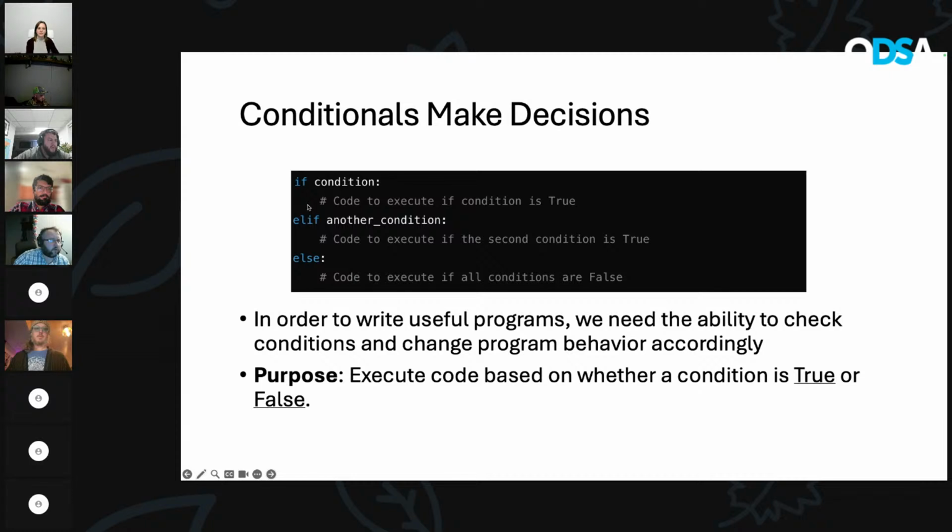So you would say if, space, and then you would provide some type of condition that at the end of the day evaluates to either true or false. In this case, the word condition is actually a variable, and that variable would hold the value of either true or false. In order to tell the program that you are done writing your conditional statement, right after the if statement you end it with a colon, these 2 dots here.